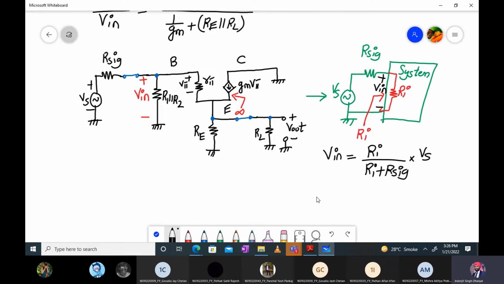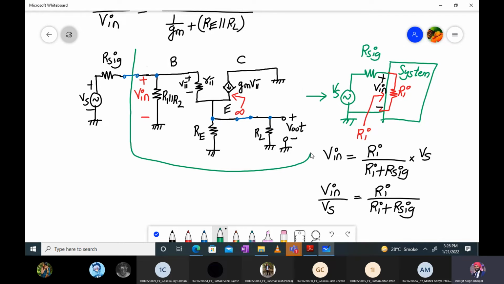That is very clear. Now, this is the system I am representing, and for this system we have to calculate Ri.